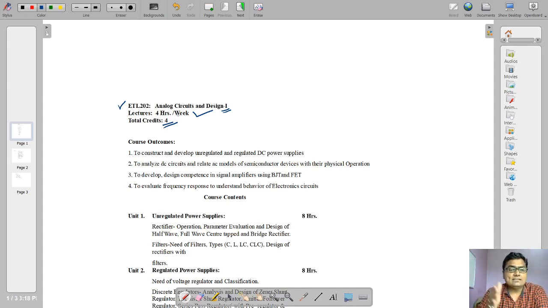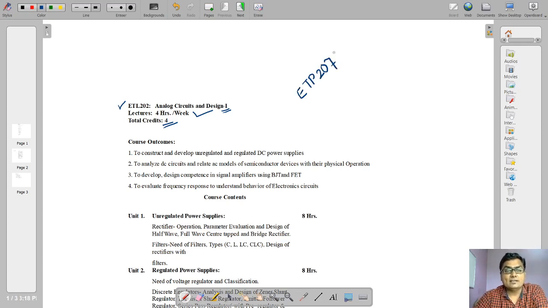Now, along with this theory subject, you have a practical subject associated with this ACD1. If it is a practical subject, the course code for that subject will be different. That will be ETP. The practical session for this ACD1 has the code 207.